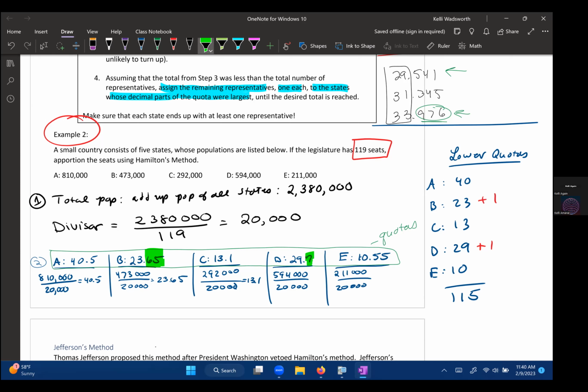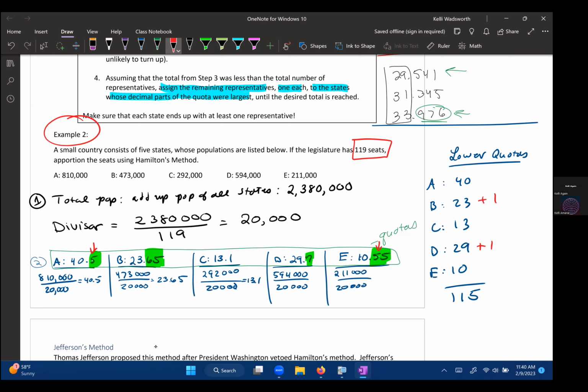And now let's look at the next one. Notice how state A has 0.5, but state E has 0.55. So the question is, which one of those is larger? Is 0.5 larger than 0.55? If you think about the decimal places, the place right after the decimal point is the tenths place. Each of these numbers has 5 tenths.